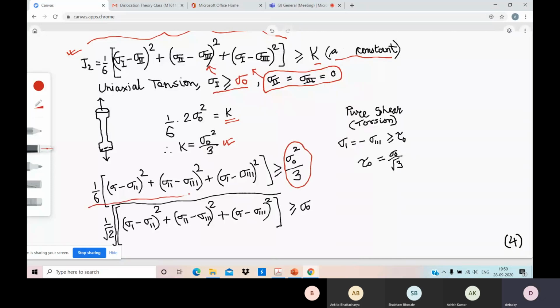A very interesting and important expression that you will get is this: 1 by root 2 times the square root of (sigma 1 minus sigma 2) square plus (sigma 2 minus sigma 3) square plus (sigma 3 minus sigma 1) square. Under root, this has to exceed sigma naught. And what is sigma naught?